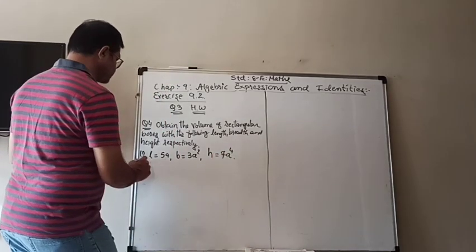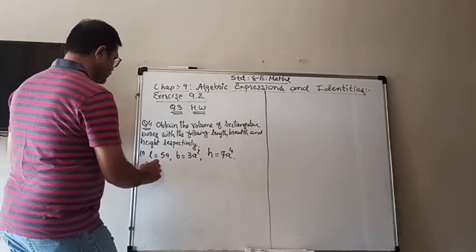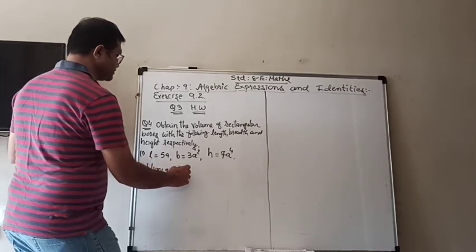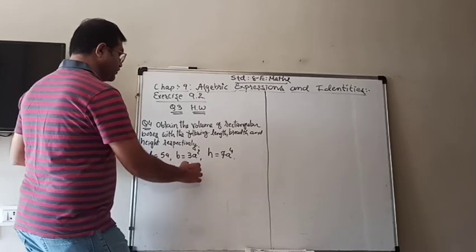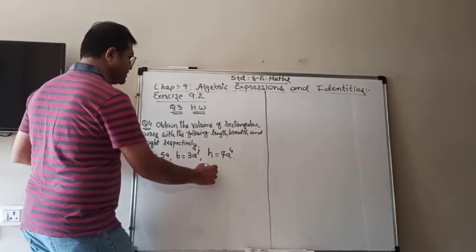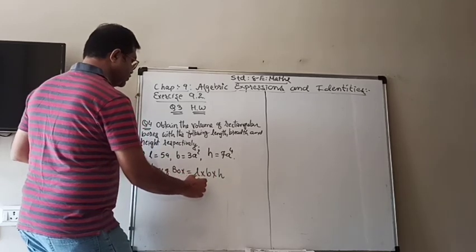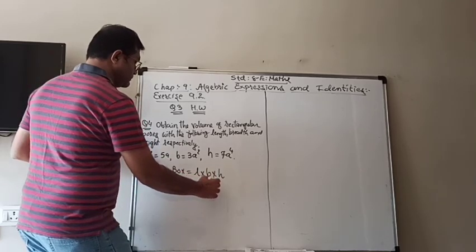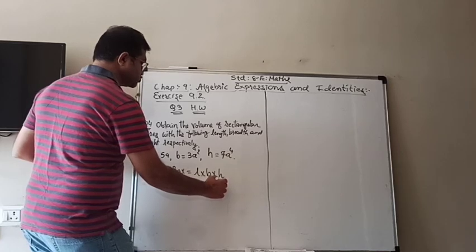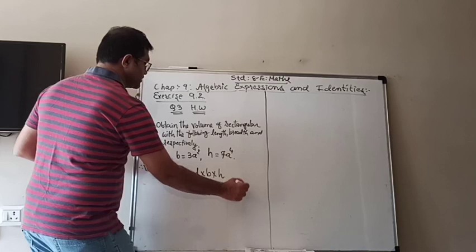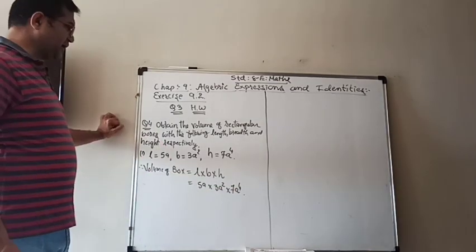Therefore, volume of box, we know that volume is L multiplied by B multiplied by H. That is 5a multiplied by 3a square multiplied by 7a raised to 4.